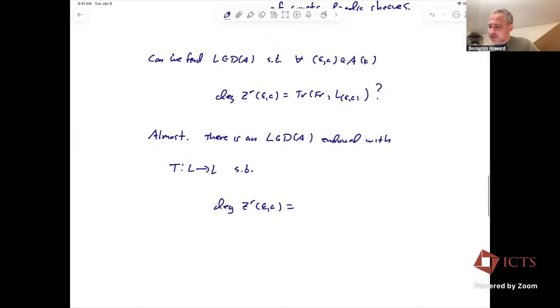What you do is this magical endomorphism, this T, is supposed to, in some literal sense, add legs to the Shtuka. So if you take the trace of Frobenius composed with T r times and apply that operator to the stalk at EA, that's going to give us the degree of the zero cycle.